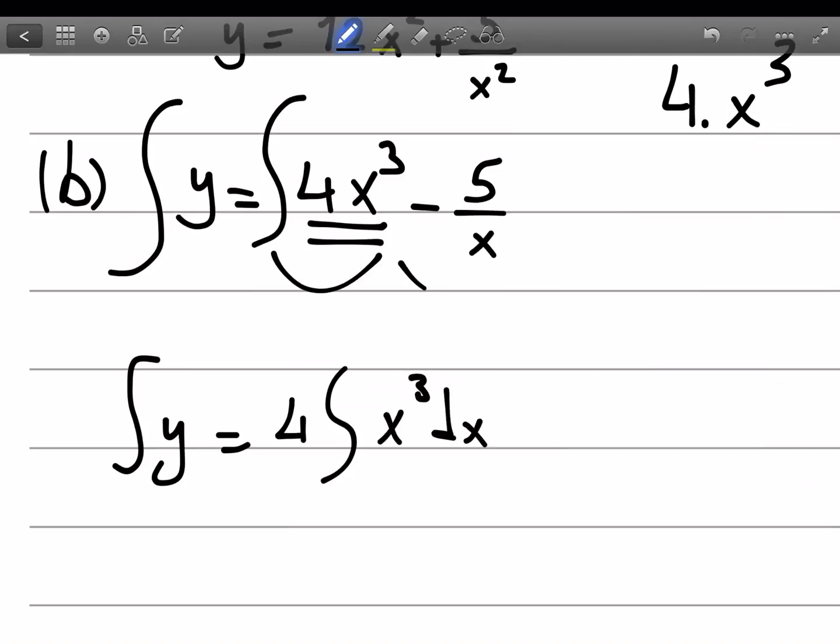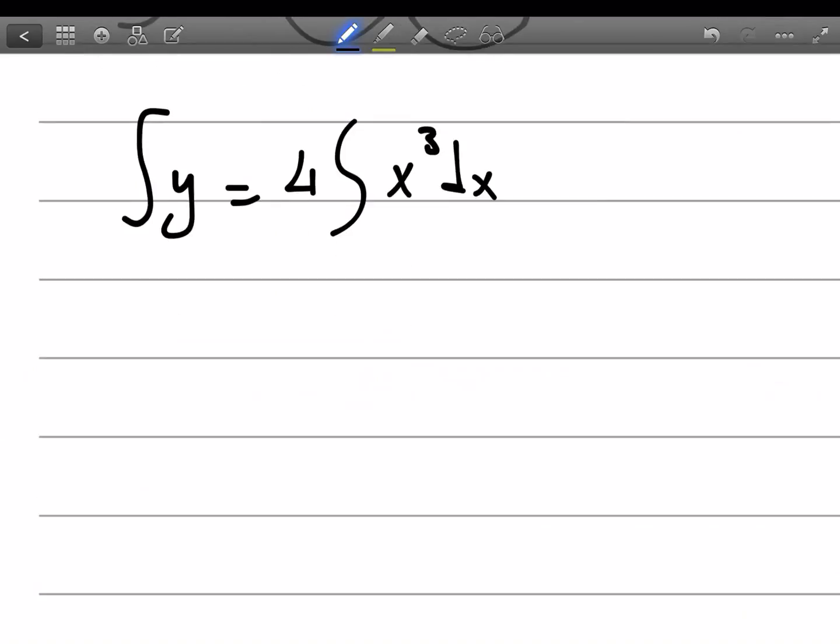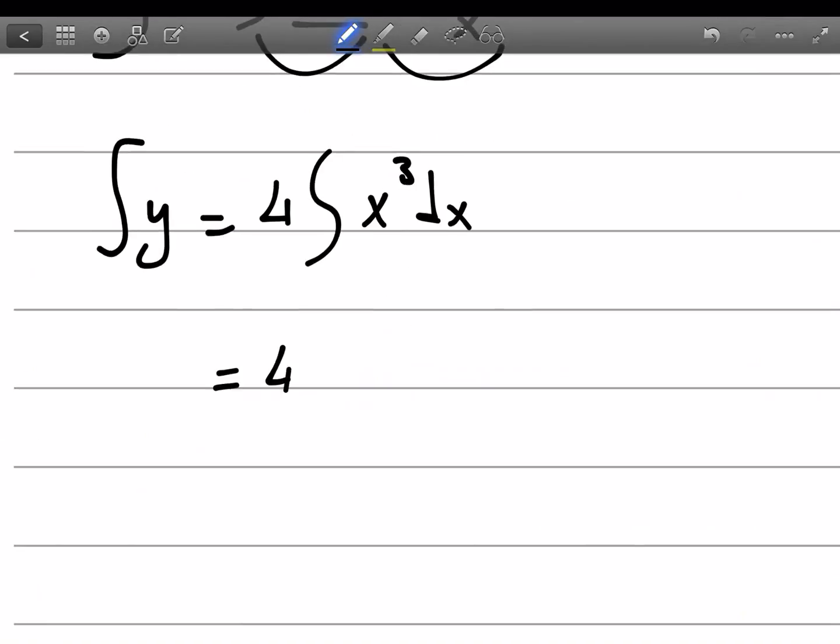We have to do this part by part or together, it doesn't matter. Our rule is simple. X to the power of 3 plus 1 divided by 3 plus 1.